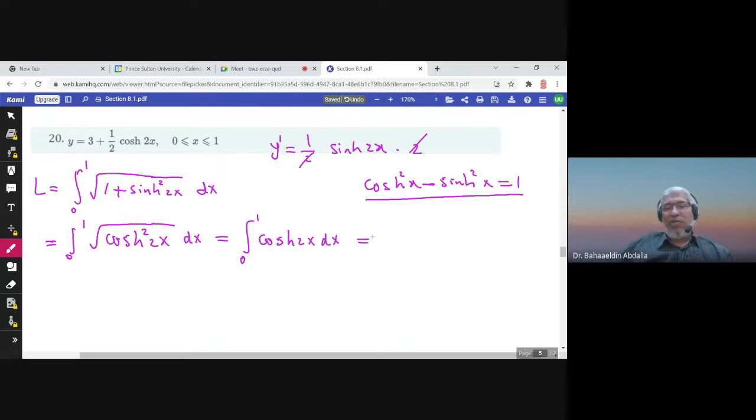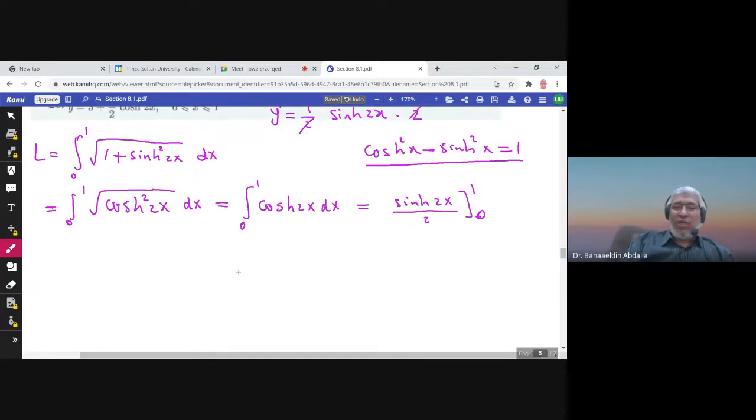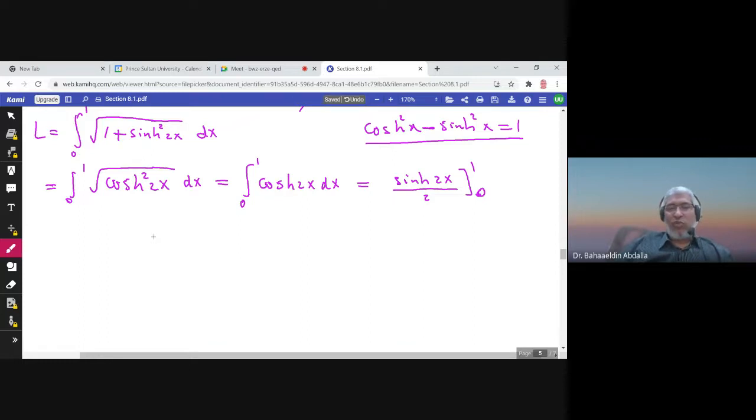And the integral of cos 2x is sinh 2x over 2 from 0 to 1. So the answer is sinh 2 minus sinh 0. Sinh 0 is 0. You can use the calculator, over 2. Of course, in the calculator, you have a button for hyp.